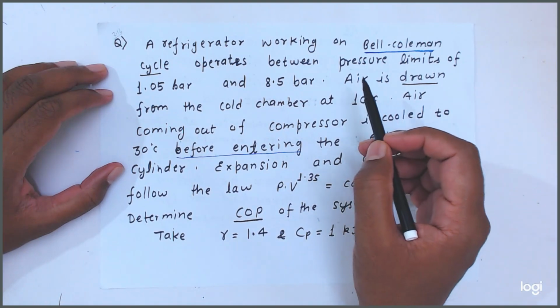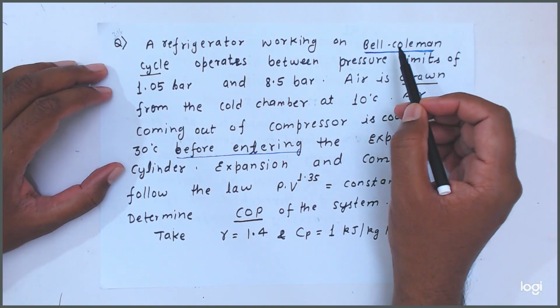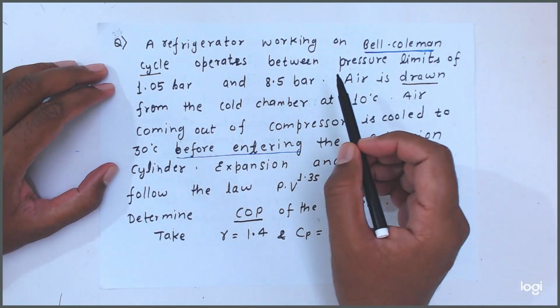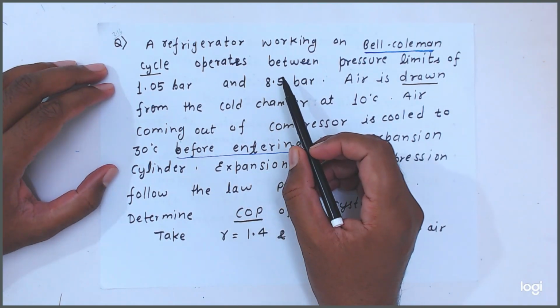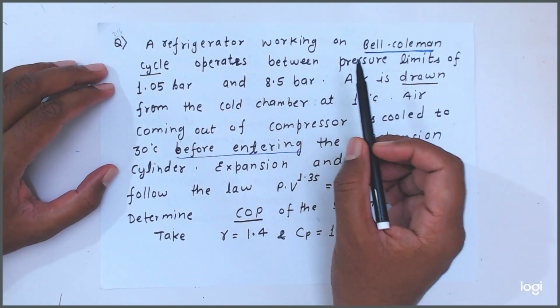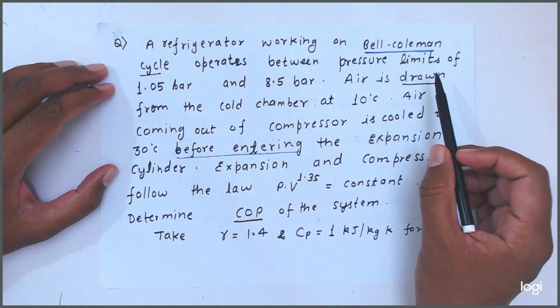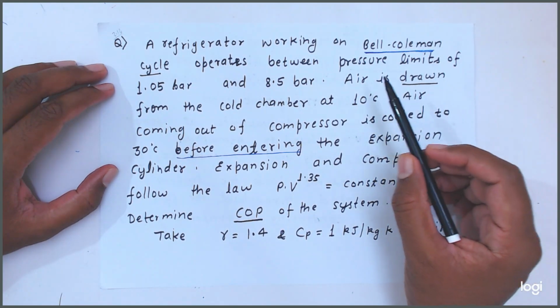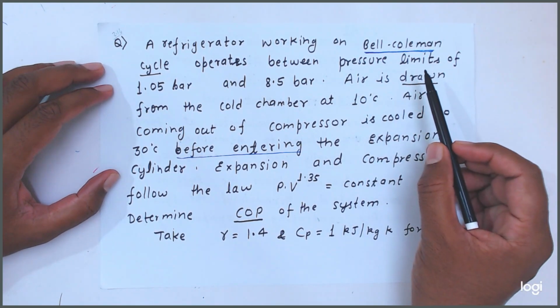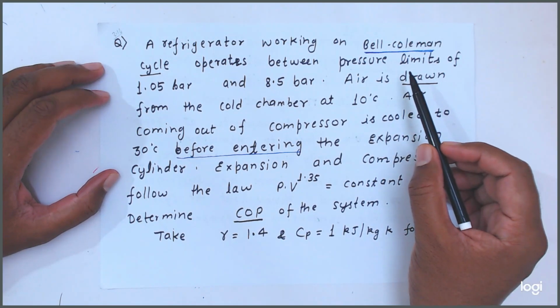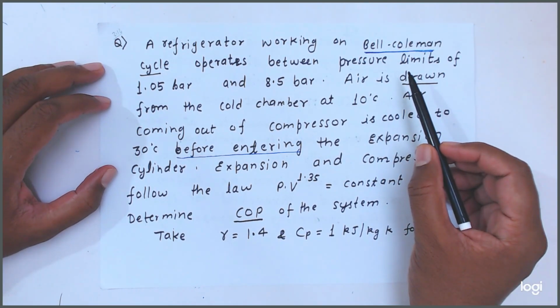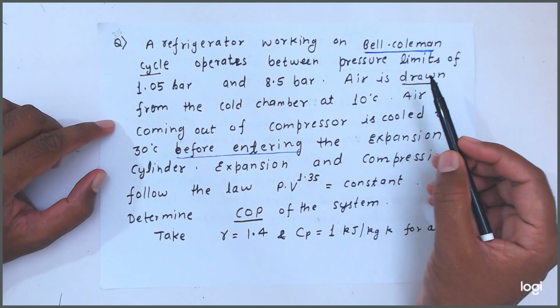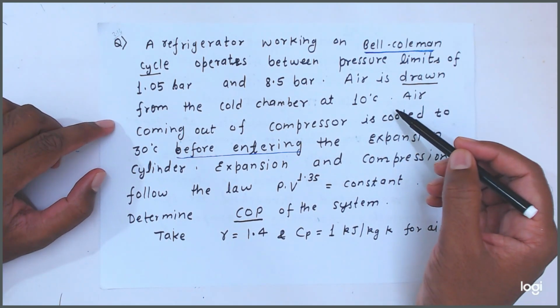Friends, let's start this topic, this question related to the Bell Coleman cycle. The question is: a refrigerator working on the Bell Coleman cycle operates between pressure limits of 1.05 bar and 8.5 bar. Air is drawn from the cold chamber at 10 degrees centigrade.